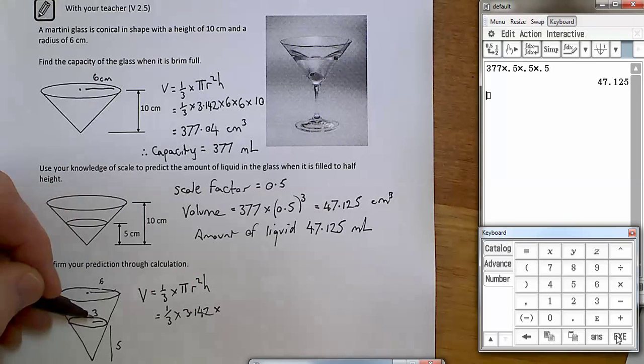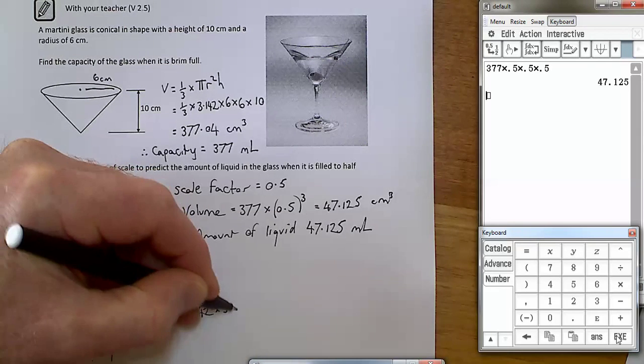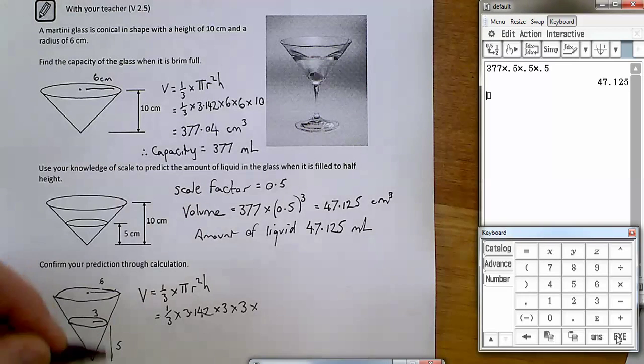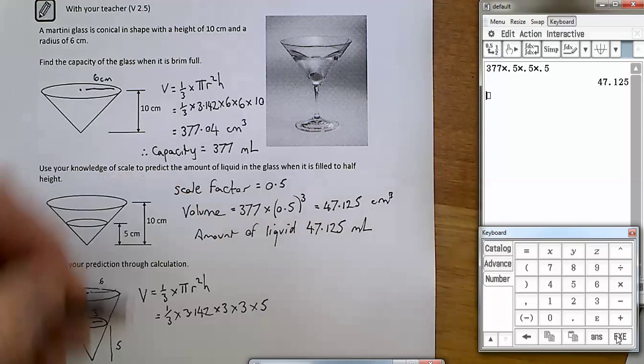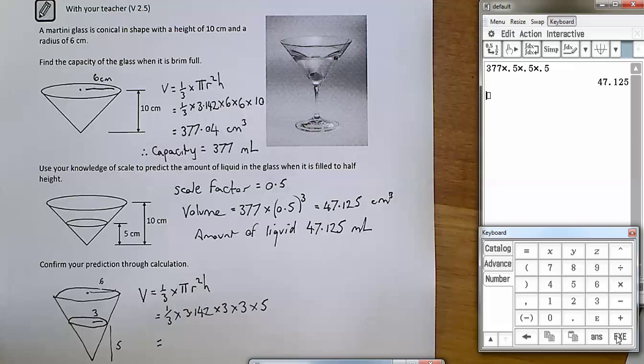Times radius squared is 3 times 3, times the height of 5. And I'll just do this one on the calculator too, so it's 1/3 times pi, 3.142, times radius squared, 3 times 3, times the height of 5.